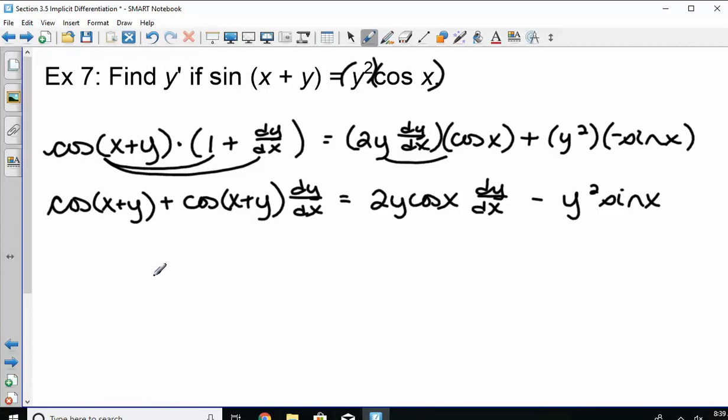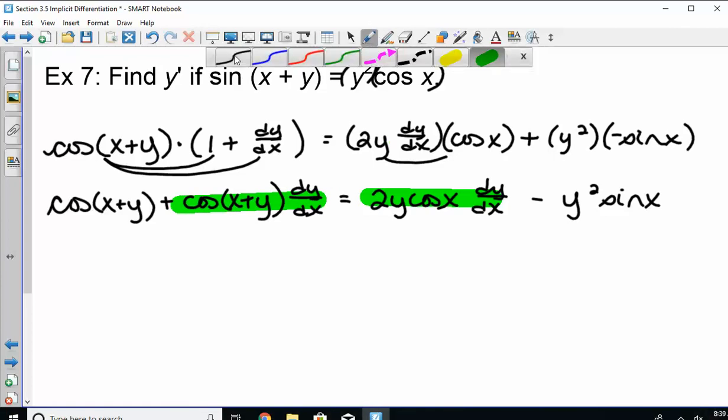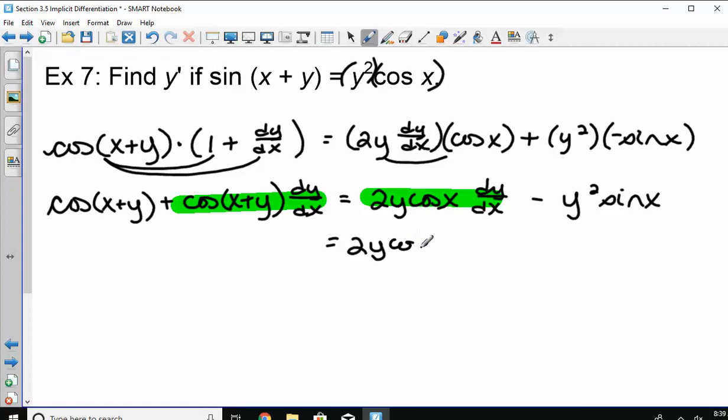Okay. We need all the dy dx's on one side. I'm going to move my dy dx over to the right. So that means I need to move this y squared sine x to the other side.